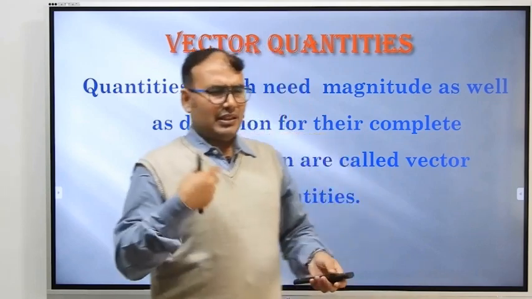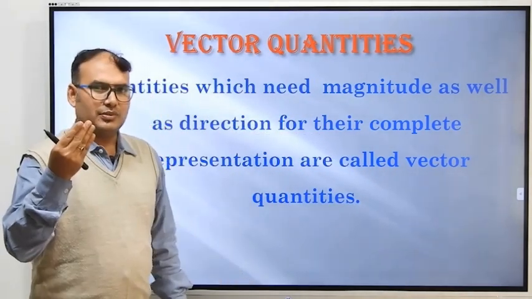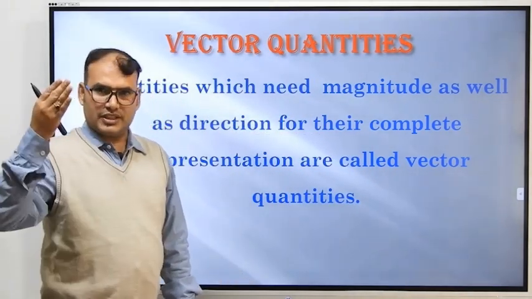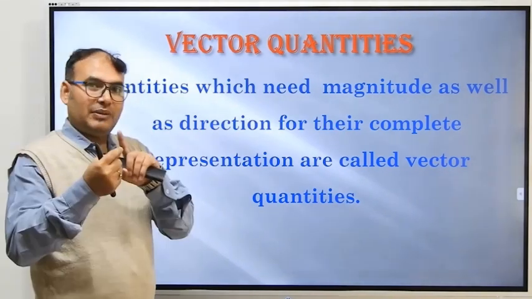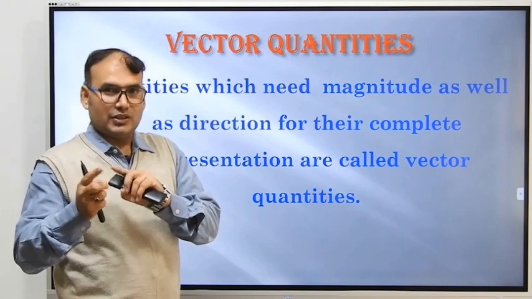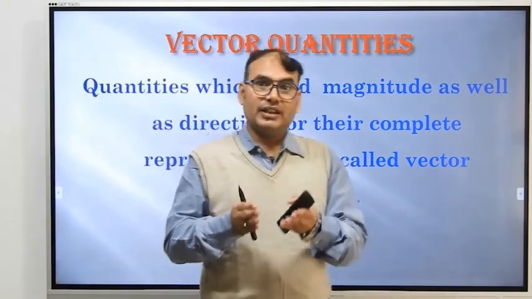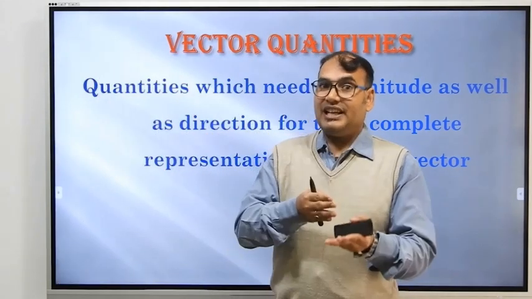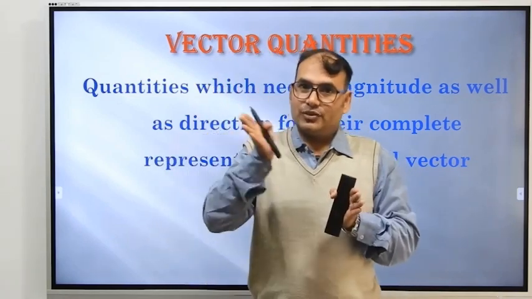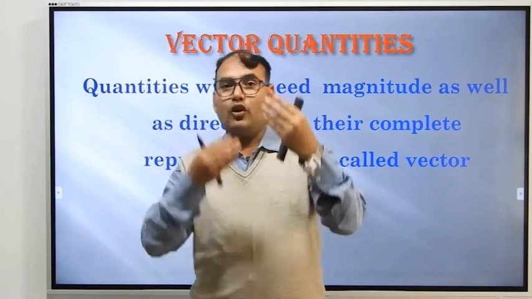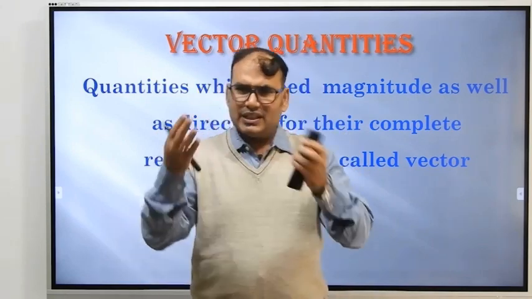For example, suppose force is there. If we want to write force, then writing 2 Newton is not correct actually. Why? Because 2 Newton should be specified by the direction, whether it is acting towards north, towards south, upward, downward, or in any particular direction.